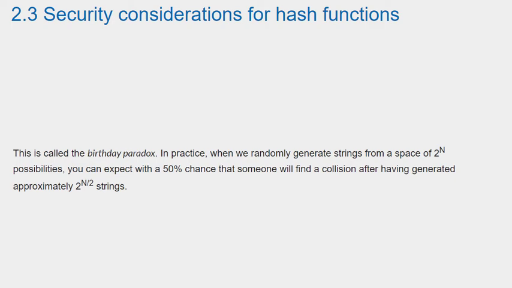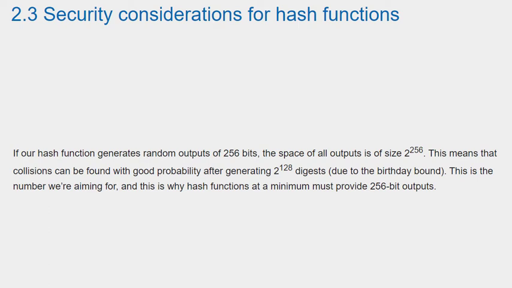In practice, when we randomly generate strings from a space of 2^n possibilities, you can expect with a 50% chance that someone will find a collision after having generated approximately 2^(n/2) strings. If our hash function generates random outputs of 256 bits, the space of all outputs is of size 2^256.